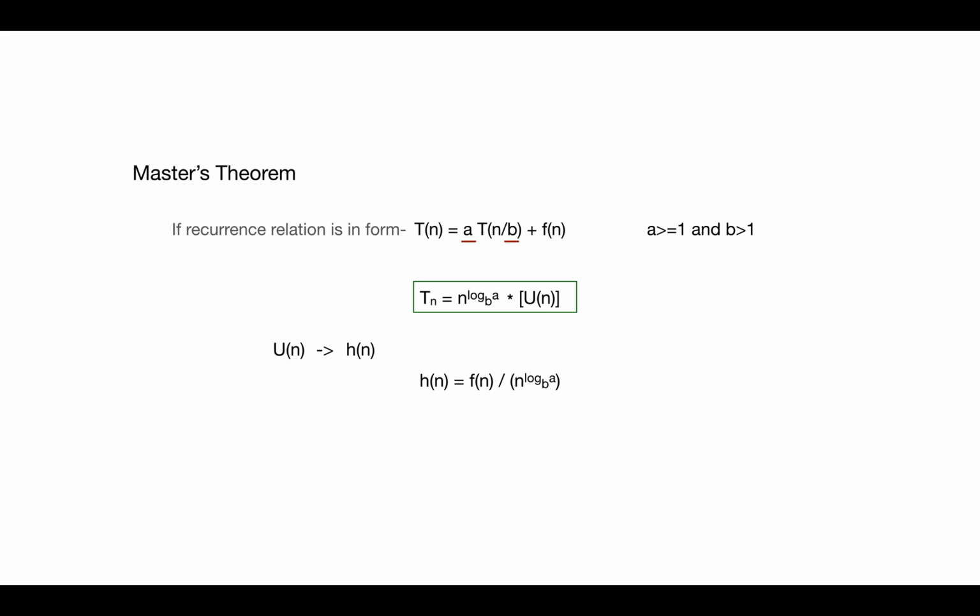Now let's see the table to get the value of u(n) from h(n). If the value of h(n) we get is n^r, where r is greater than 0, then the value of u(n) is O(n^r). If r is negative, then u(n) is O(1), constant time.